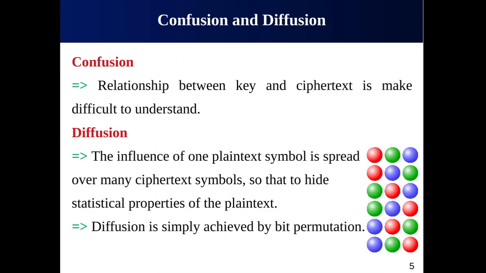Okay, after discussing the overview, let us see two important properties that we will be discussing later on. The first one is confusion, the second one is diffusion. Confusion is the relationship between the key and the ciphertext, and we want to make this relationship difficult to understand.